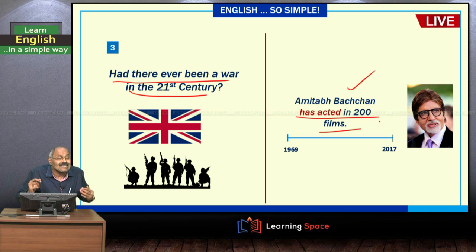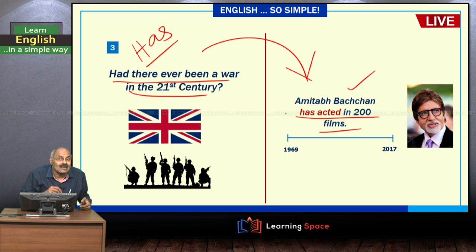So, till date he has acted in 200 films. He started in 1969 and till date he is still acting, but if you count, he acted in 200 films. So, here "has" is to be used, not "had". Similar sense it will give: has there ever been a war in the 21st century?